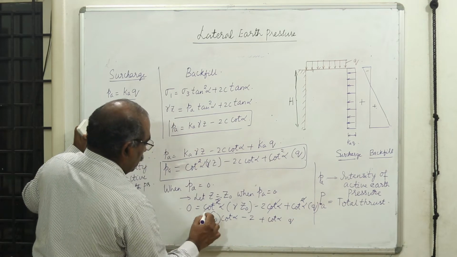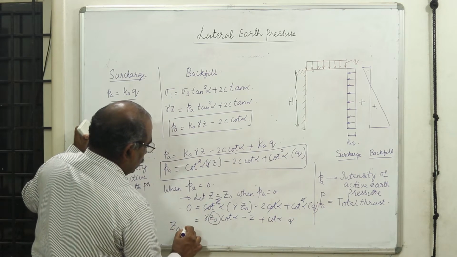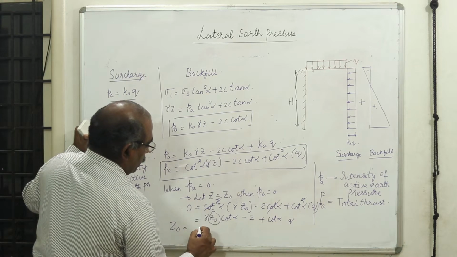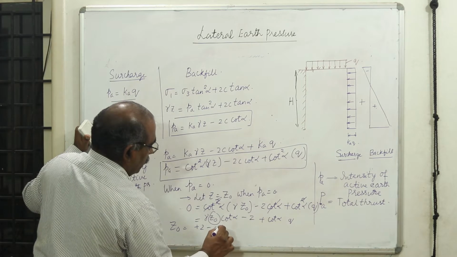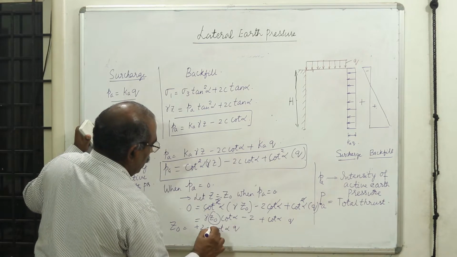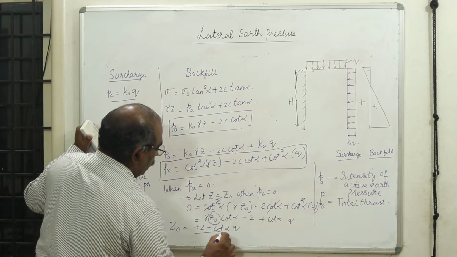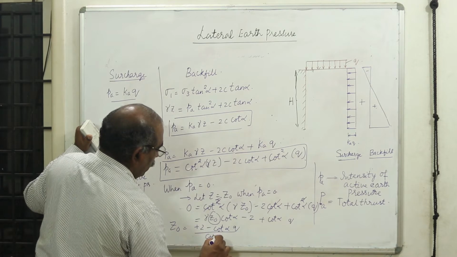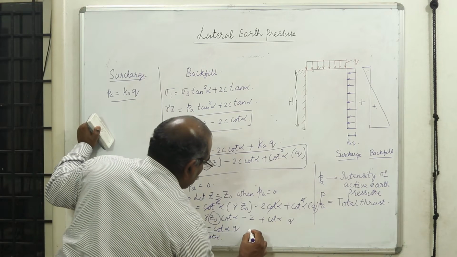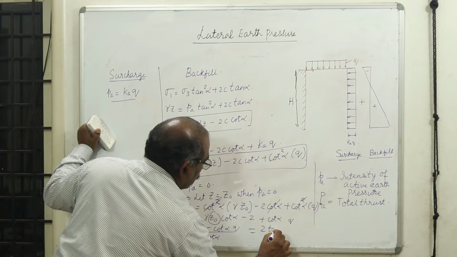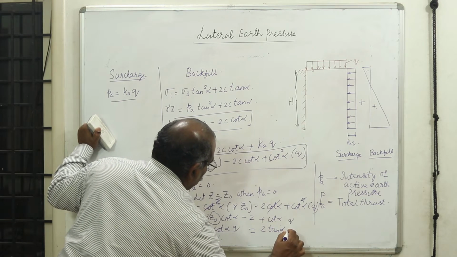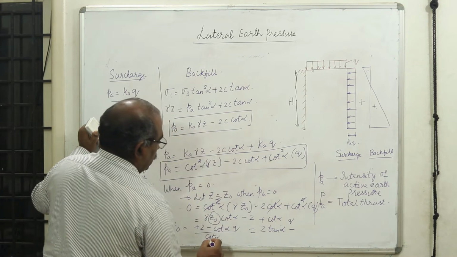Now I can simplify this. Z0 is equal to 2 minus cot alpha into Q. Then when I divide the whole thing by cot alpha, this becomes 2 tan alpha minus Q, and this gets cancelled.